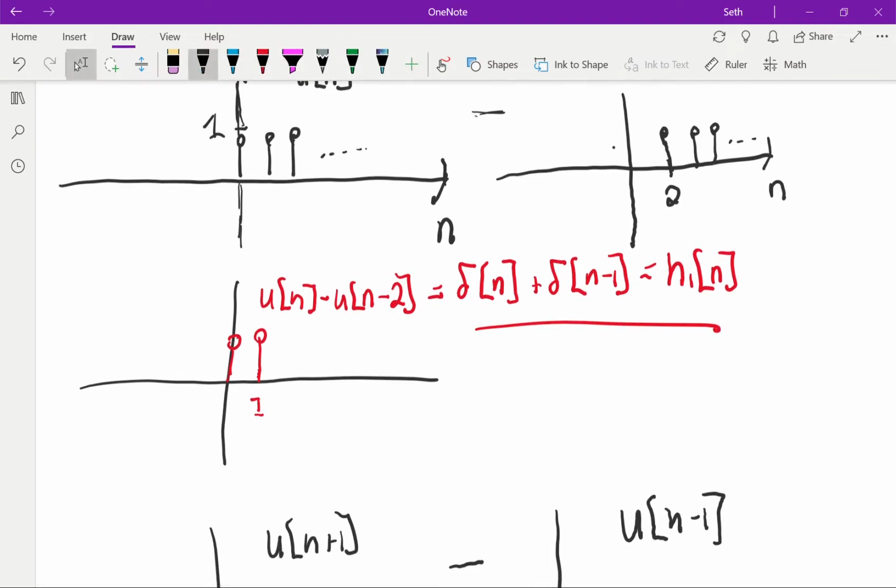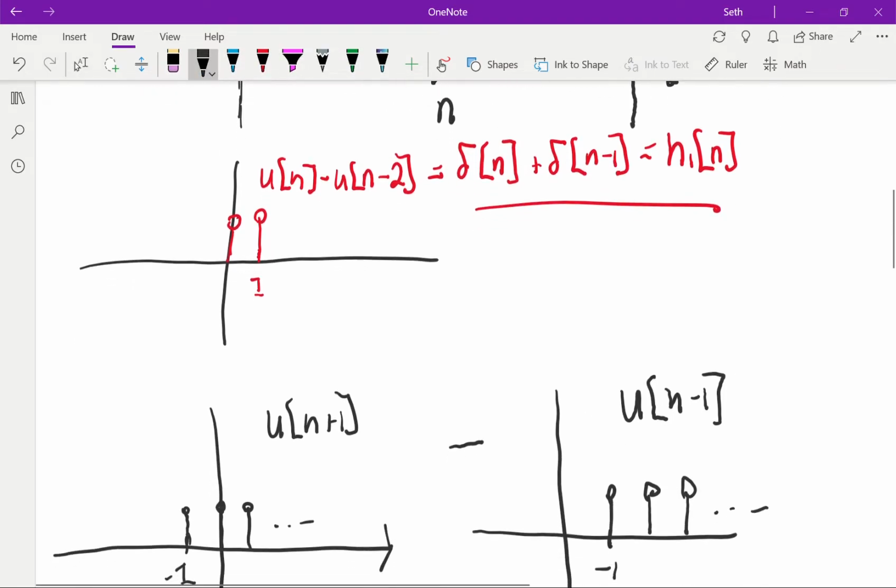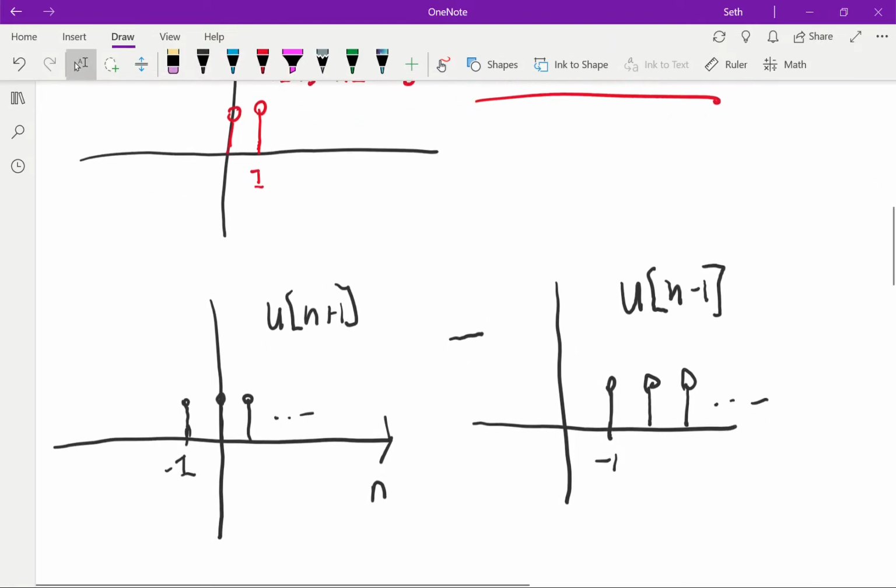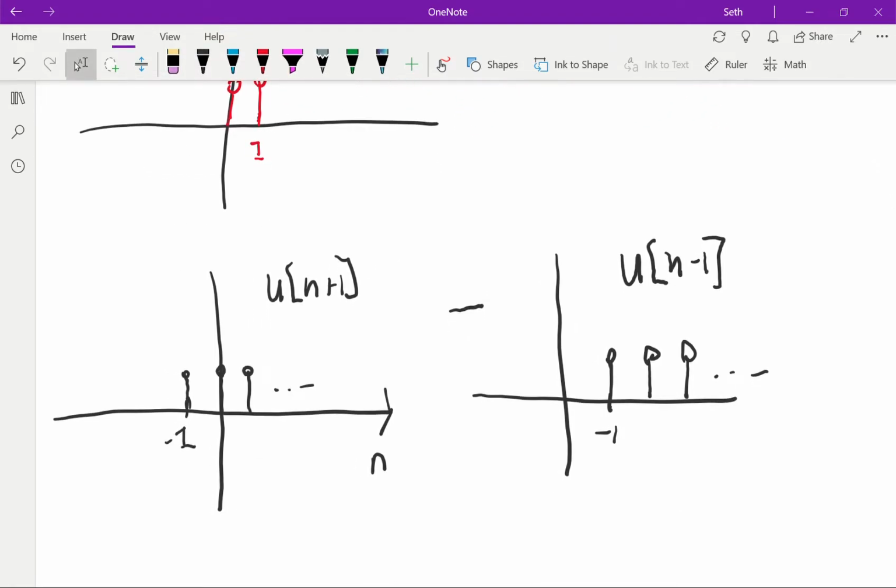Okay, let's move to system 2. The impulse response is the difference of these two unit step functions. u of n plus 1 is a shifted unit step function. It starts at -1 and goes to positive infinity. u of n minus 1 is a shifted unit step function. It starts at +1 and goes to infinity.